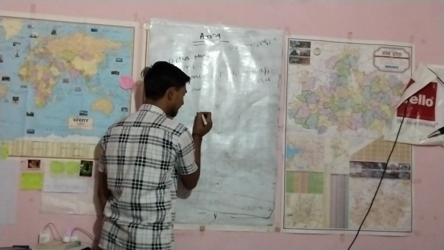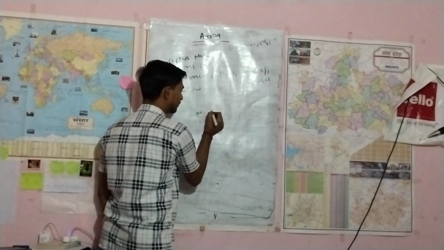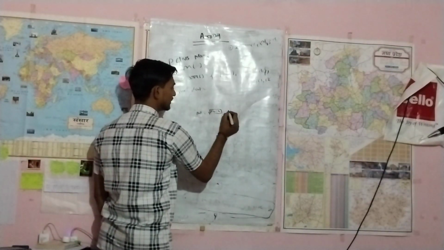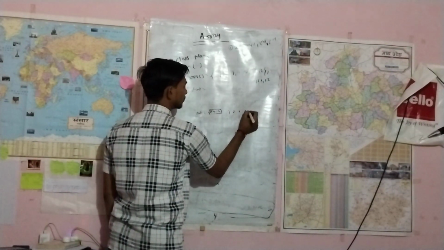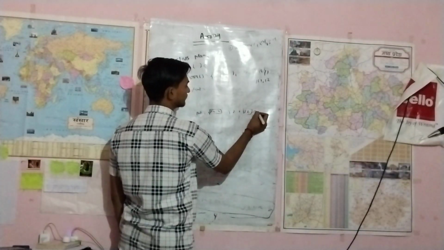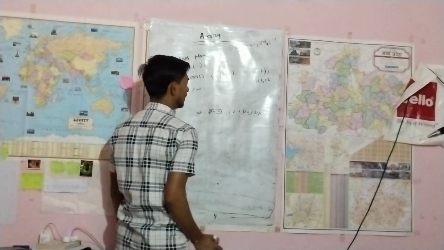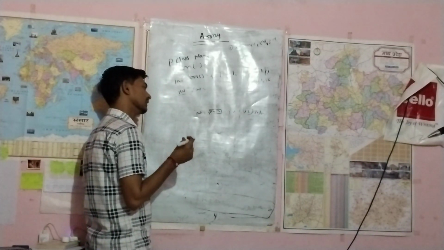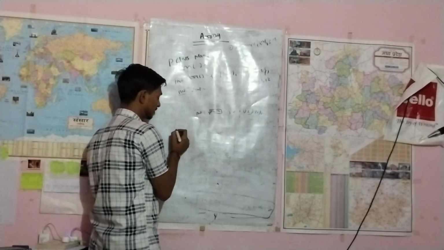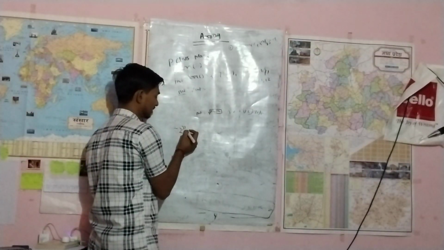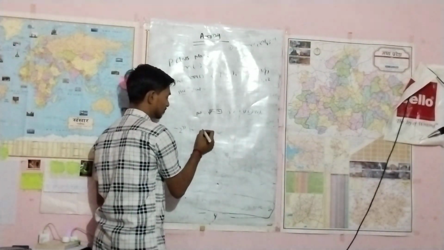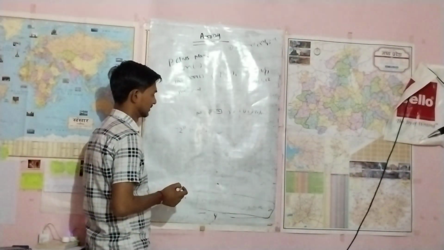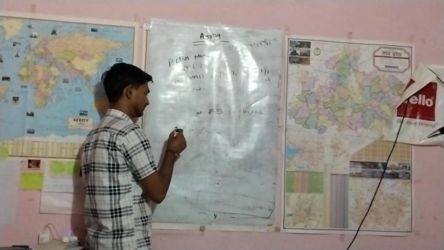You know, an integer takes 4 bytes, and 1 byte equals 8 bits. So it will equal 32 bits. And if you want to know how many numbers it can store, it will store minus 2 to the power 31 to 2 to the power 31 minus 1, I think, if I'm not wrong.